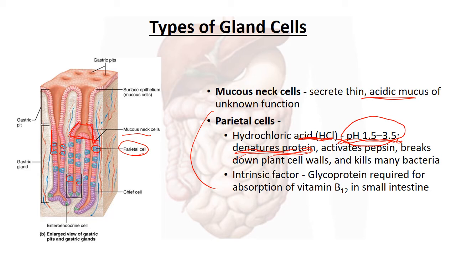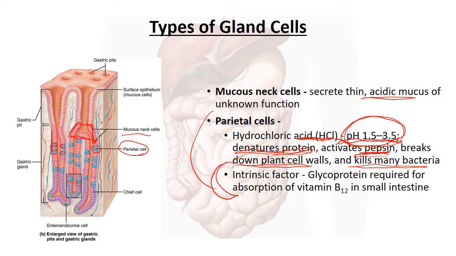It also activates something called pepsin, and we'll talk a little bit more about that later. It also helps to break down some of those plant cell walls. And this is very important: it also kills a lot of the bacteria. The food we eat has quite a bit of bacteria in it, and it typically doesn't make us sick, but there's actually a lot of bacteria in there. But that pH of 1.5 to 3.5 kills a lot of bacteria. They cannot live in that low of a pH.